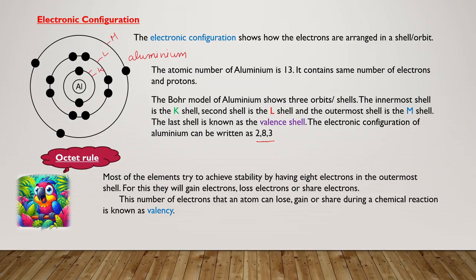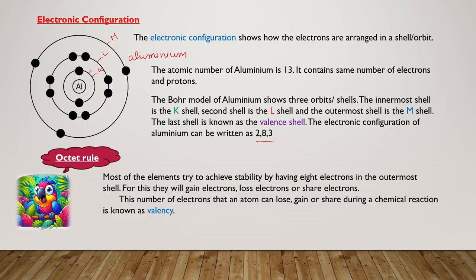You know that every atom tries to remain stable. It tries to remain in a stable state. Most of the elements, not the smaller ones like hydrogen and helium, but the slightly higher ones, try to achieve this stability by having 8 electrons in their outermost shell, or valence shell.